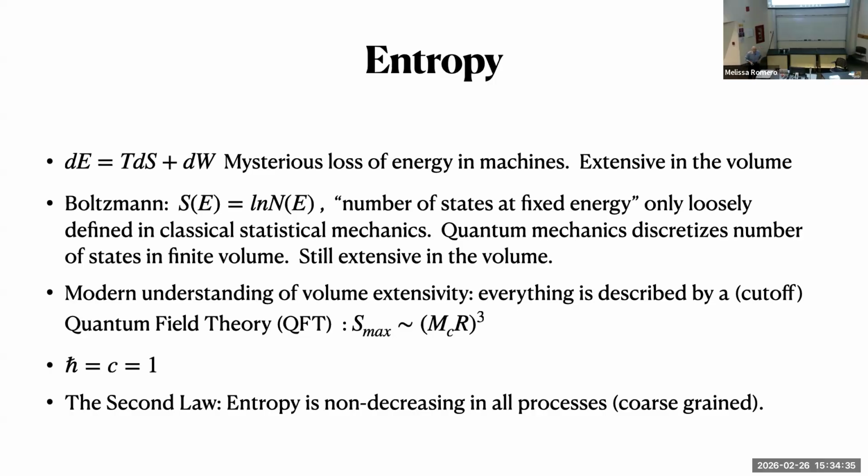And I usually talk about quantum field theory with some kind of cutoff at a high mass scale, call it M_C. And then if I have a quantum field theory and I've filled up all the states that I can up to the cutoff, by dimensional analysis, in a region R, I have M_C times R cubed for the logarithm of the number of states, or the entropy. So again, the entropy is proportional to the volume.